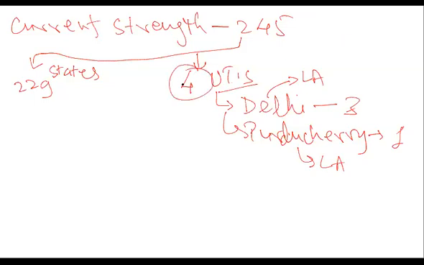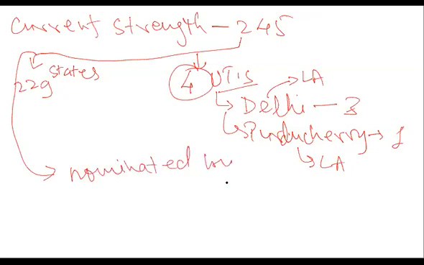So this is the thing, but the major contention here is about the members nominated by the president. How many members are nominated by the president? As I have already told, it is 12.